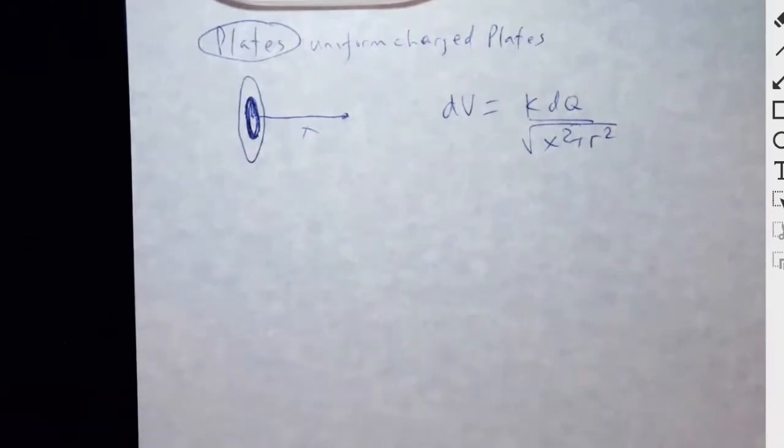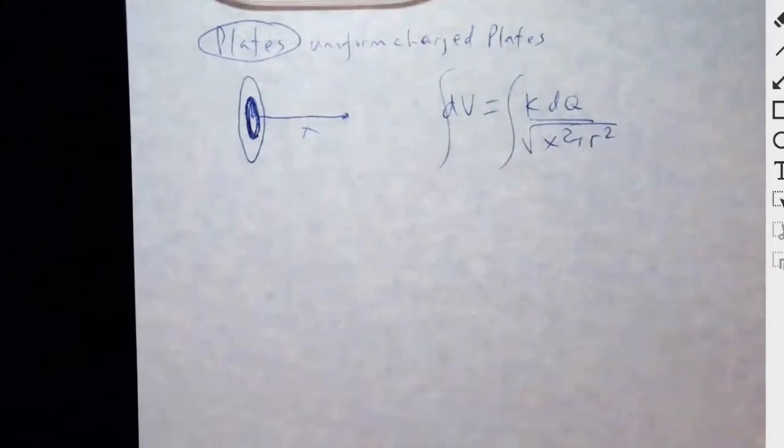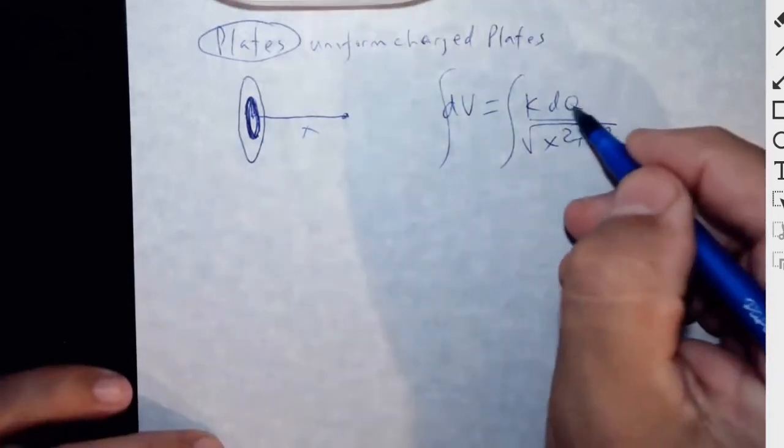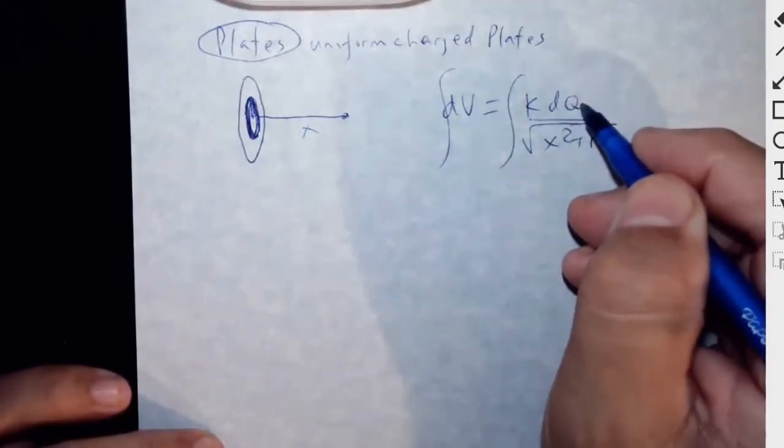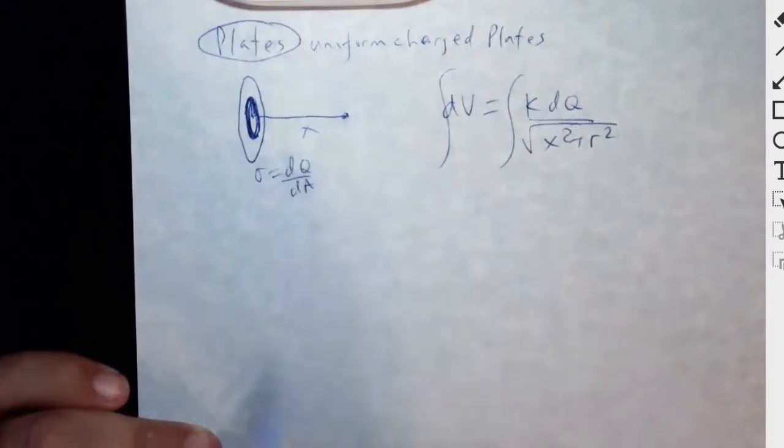X squared plus r squared. Okay, so now we're going to integrate that. We're going to employ the very same technique that we did for the electric field. We're going to say dq is sigma dA, where sigma is the surface charge density, dq over dA.